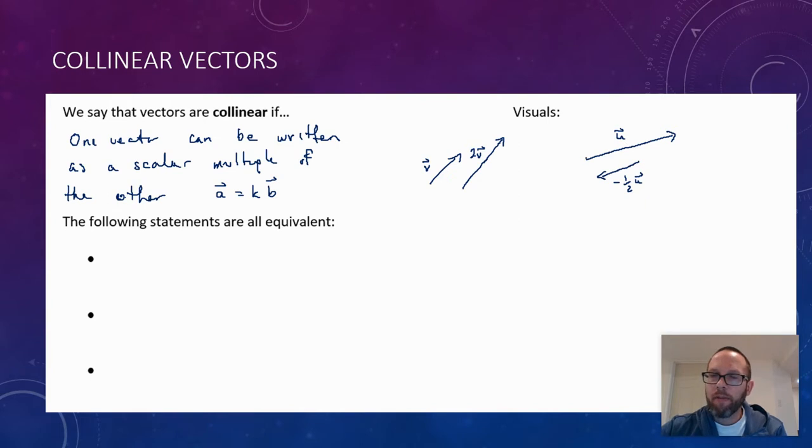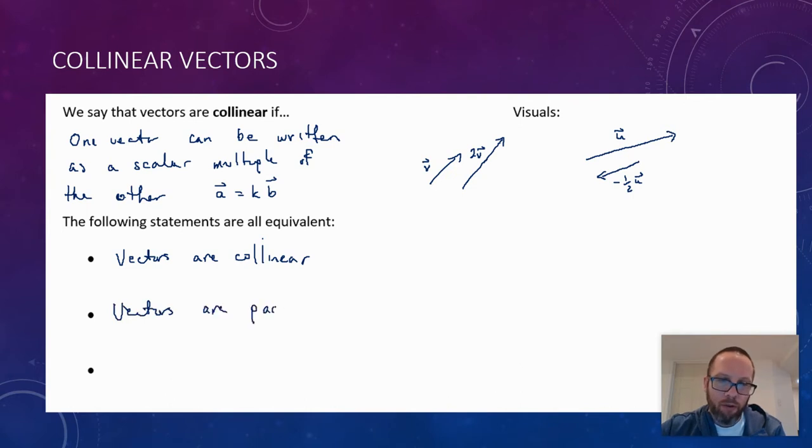Now, you might be saying, well, that definition looks familiar, actually. Didn't you just draw parallel vectors? And yes, I did. These statements are actually equivalent. So this new idea of vectors being collinear is not so new. Saying that the vectors are parallel is the same thing. If two vectors are collinear, then they're definitely parallel.